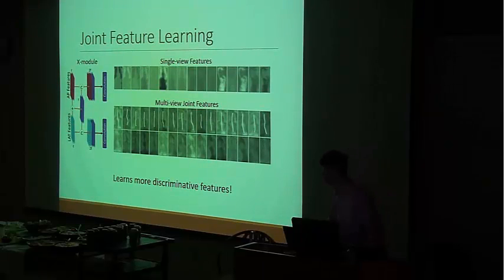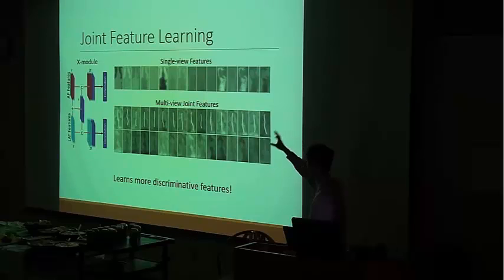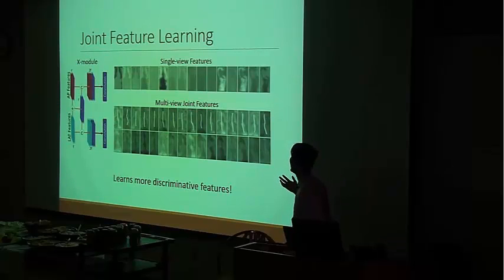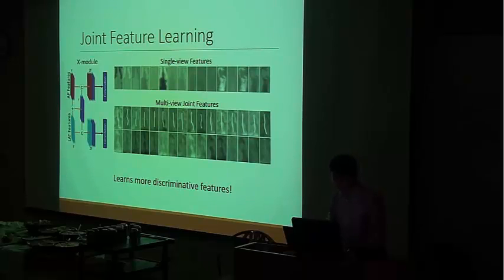And the result is, as you can see on the right, I have feature maps of single field features, meaning that there are no X modules involved in the single field features, and the bottom shows the feature maps learned by the X modules. And as you can see, the X module learns more discriminative features.